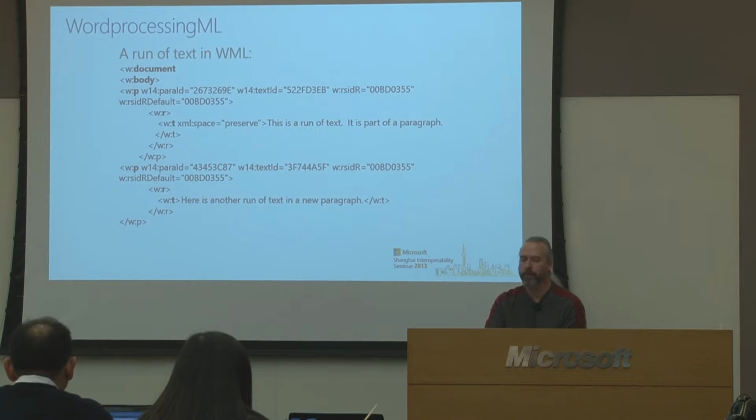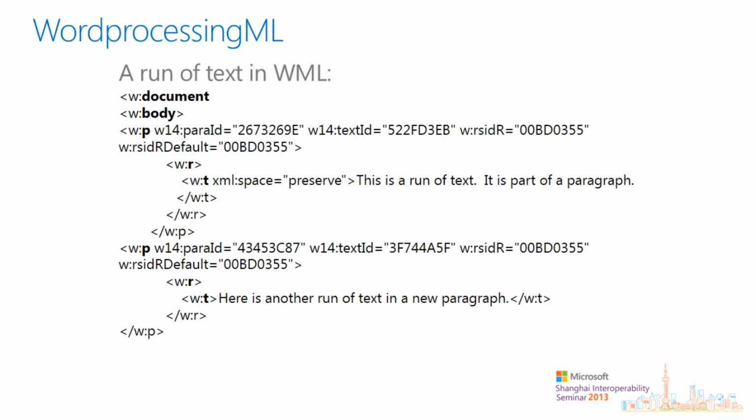So let's take a quick look at what an example WordprocessingML document would look like. As you can see here, it's fairly straightforward. It's human readable, of course. This is XML, and we've got angle brackets and elements and namespaces. Here you can see the document element. This is the top of the document XML part of a word processing document.